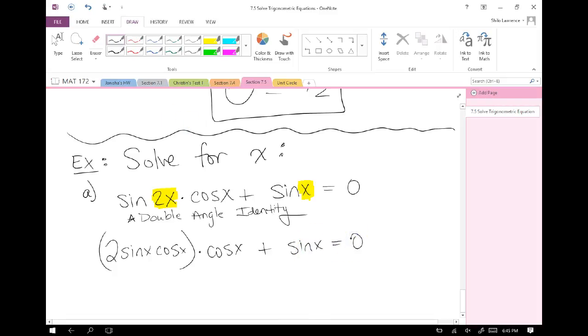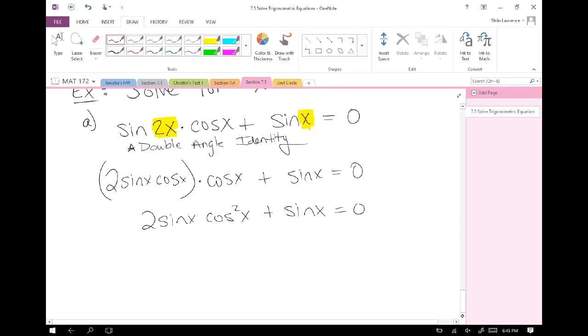And we'll go from there. So now if I multiply these together, I'm going to have 2 times sine x times cosine squared x plus sine x equals 0. Now all of my angles match.